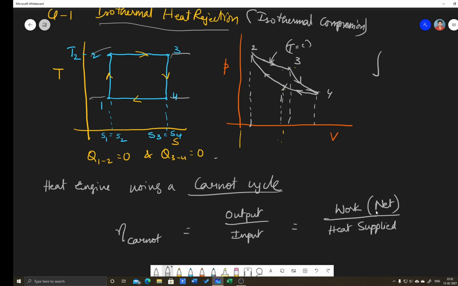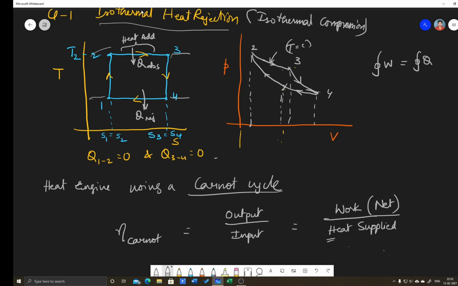Net work means cyclic integral of W. So for a cyclic process, cyclic integral of W is equal to cyclic integral of Q, whereas heat transfers are only 2. Heat is being supplied during the process 2 to 3. This is the isothermal heat addition process. So here heat will go into the system, and also during process 4 to 1 heat is being rejected.